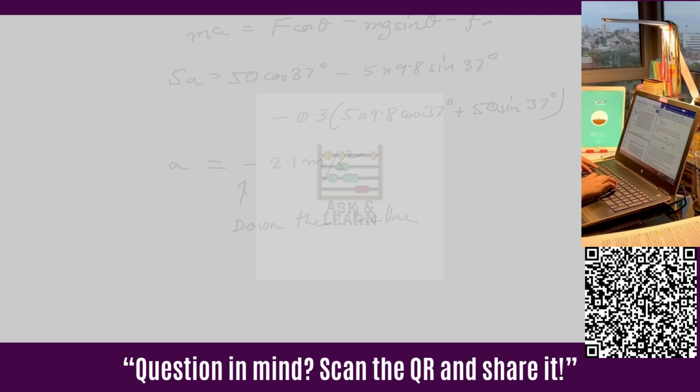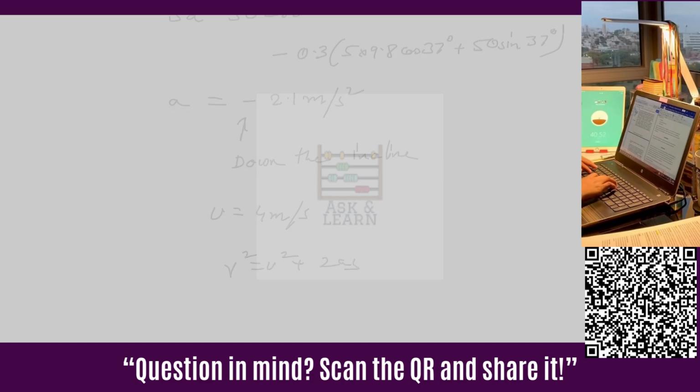Now here it's given that the block's initial speed is u, which is 4 meters per second. How far up the plane does the block go? Now it is moving down, no? Or maybe if the initial speed is 4 meters per second up the incline, you can simply calculate using v square equal to u square plus 2as.